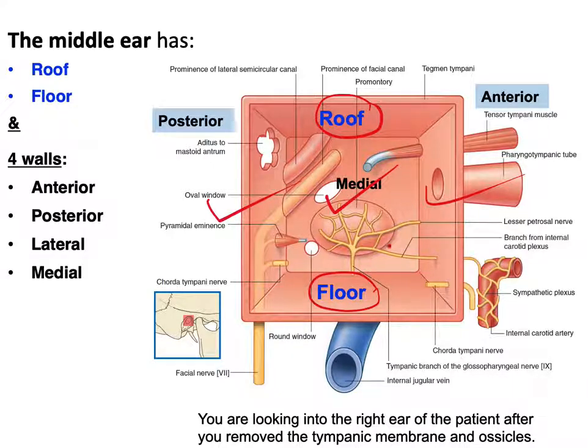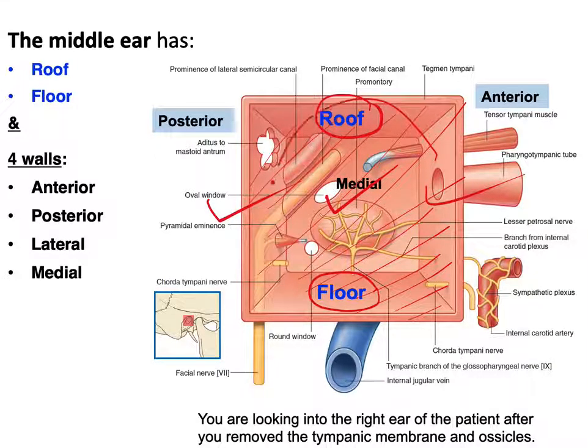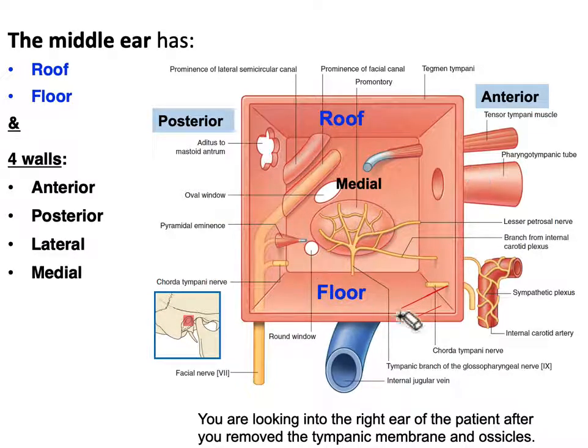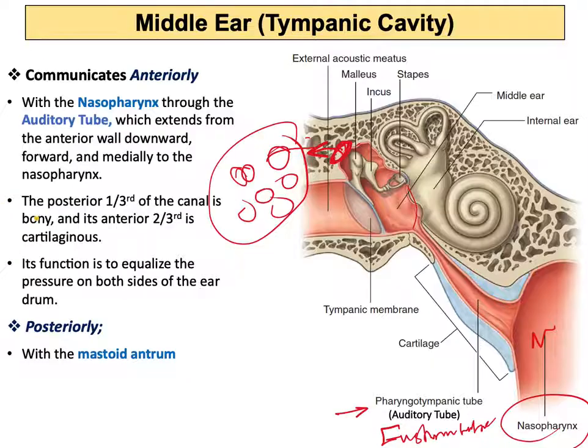The lateral should close this, but of course the author of the textbook removed it. Anyway, the lateral wall should be here, the tympanic membrane, the eardrum, but it's removed to get a look inside.